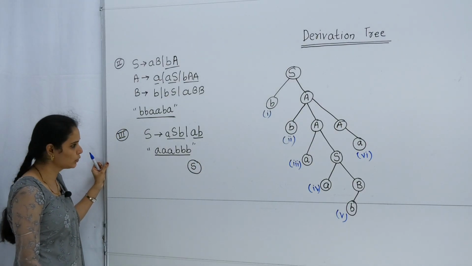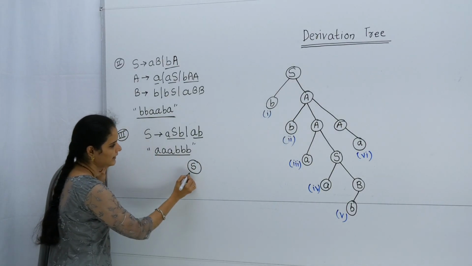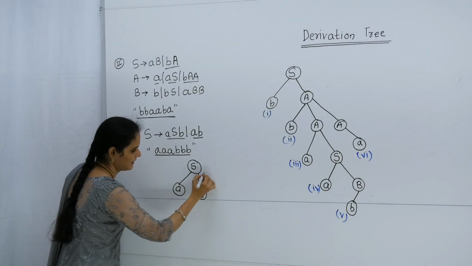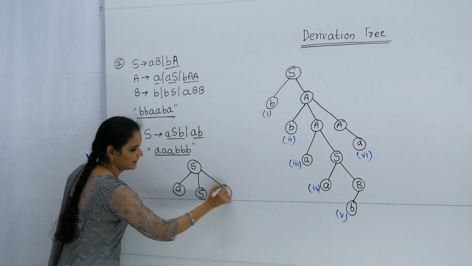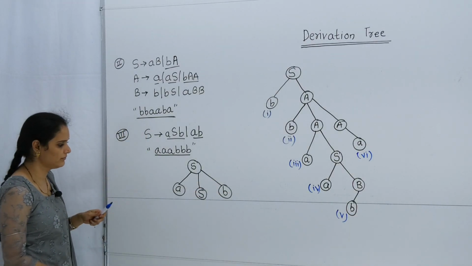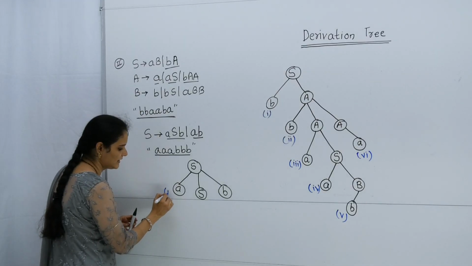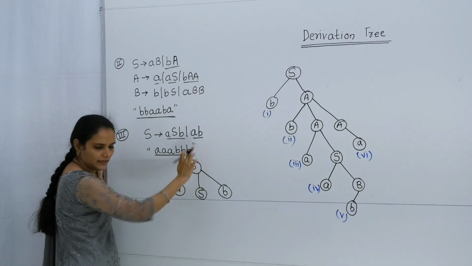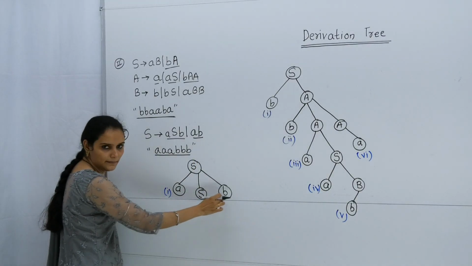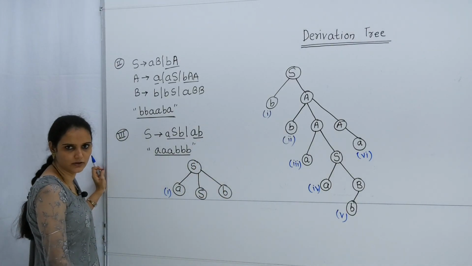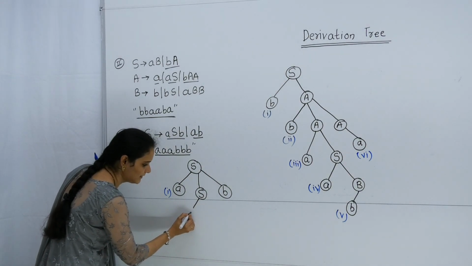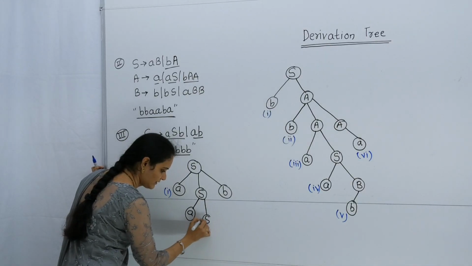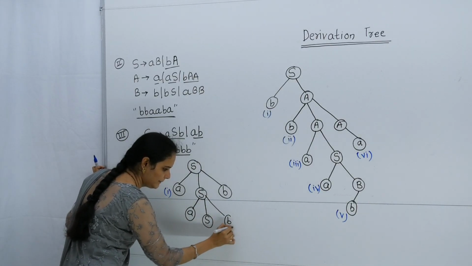S is the root node and S derives ASB, that particular first production rule which we can use. Here it is the first leaf node. Again S produces, if I use AB, then AABB, only that particular string we obtain. Therefore again I am using S produces ASB.